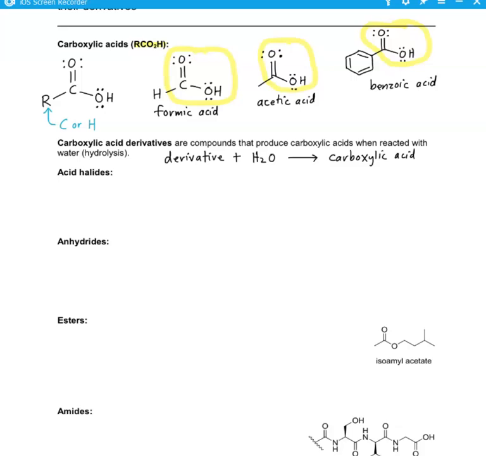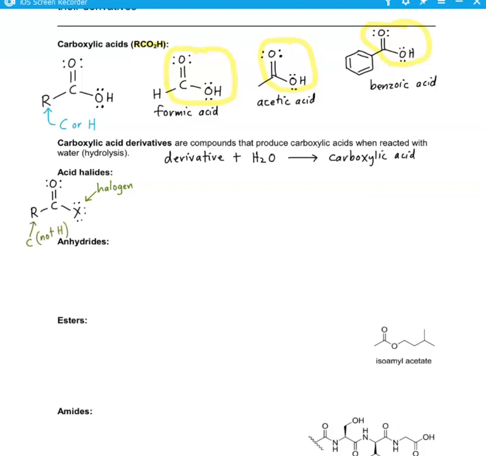The first one is called an acid halide. So the structure of an acid halide is going to look like the following. It's going to have a carbonyl, and the carbonyl carbon is going to be attached to a halogen. And to a carbon. This one can't be hydrogen.